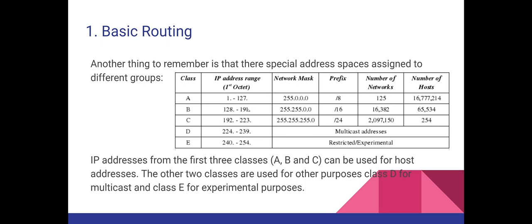Then we got the B class from 128 to 191, 255.255.0.0/16. This is the subnet, remember, 255.255. And from there you can see we have a lot more networks, but our number of hosts basically decreased significantly because we have less. As I showed before, we have less host IDs available.